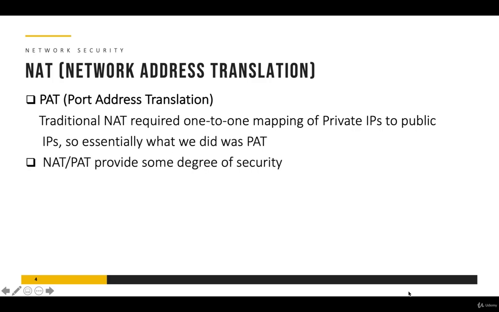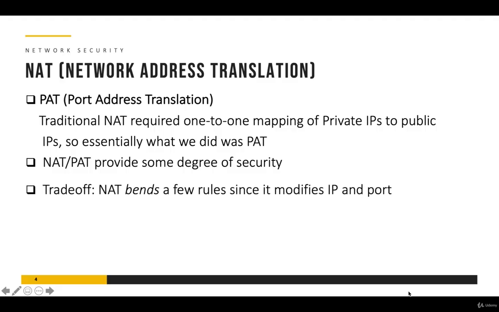NAT and PAT, they do provide some degree of security. Because they hide the internal IP addresses, they hide the internal network infrastructure, and they prevent connection initiation from the outside. But they do bend a few rules. So there's a trade-off. You see, NAT is a network layer solution. And as you observed, it was accessing and changing transport layer ports.